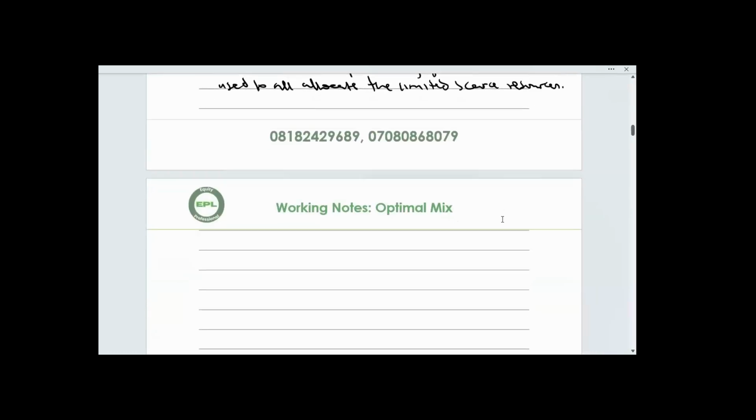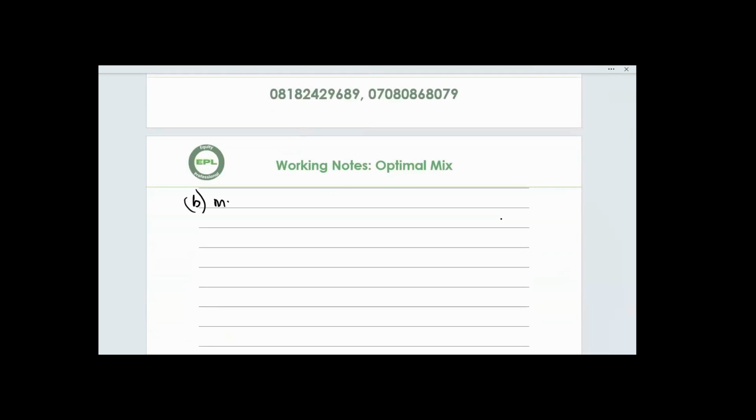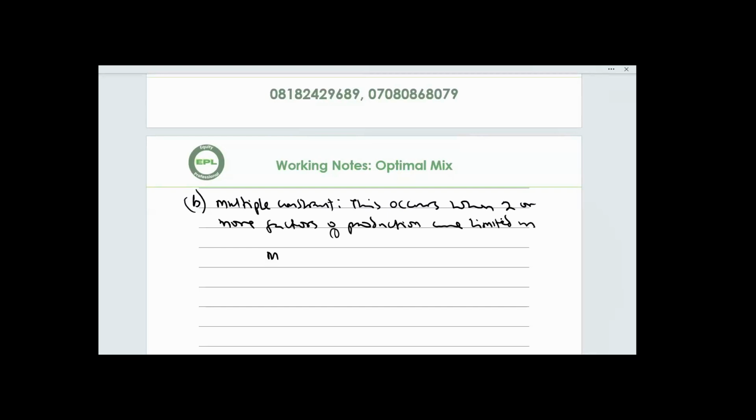The second one is multiple constraints. This arises when two or more factors of production are limited in supply.